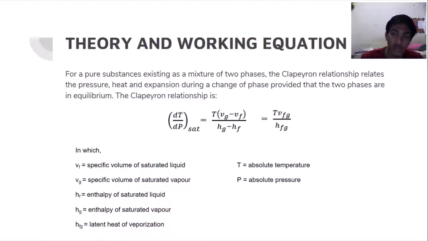For a pure substance existing as a mixture of two phases, the Clapeyron relationship relates the pressure, heats, and expansion during a change of phase, provided that the two phases are in equilibrium.